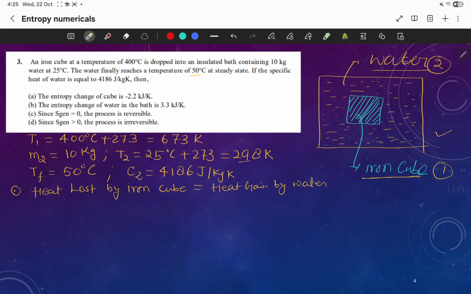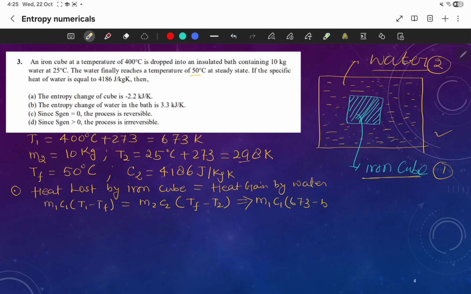So this will be M1C1 (T1 minus T final) equals M2C2 (T final minus T2). Now just put all the values here. We will get M1C1, and T1 is 673.